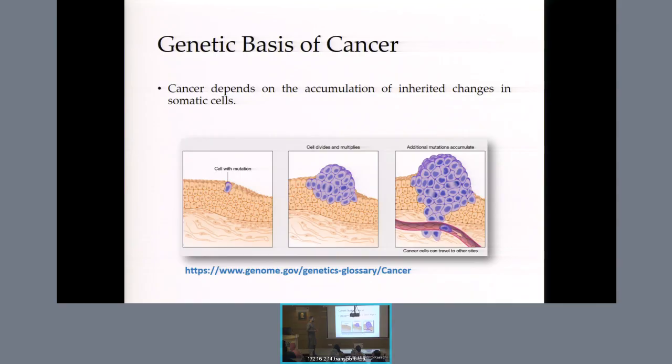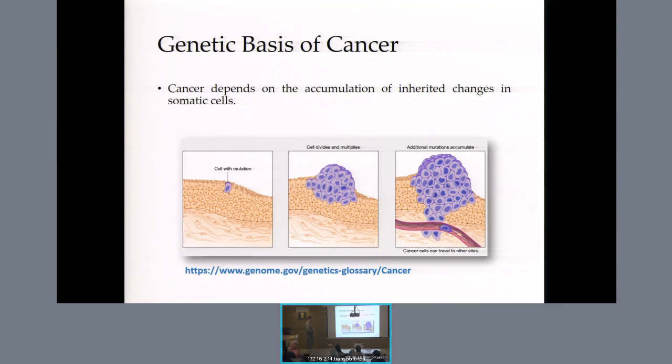But these changes occur in somatic cells, not in the germline. If we have mutations in the germline, the mutations may be inherited into the forward generations. If they are in the somatic cells, then they stay in a particular individual.